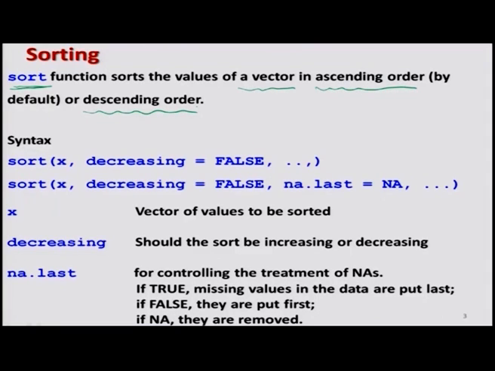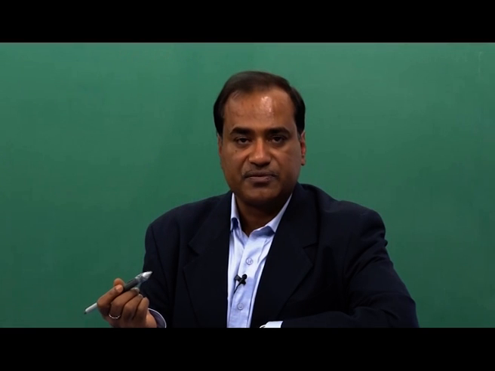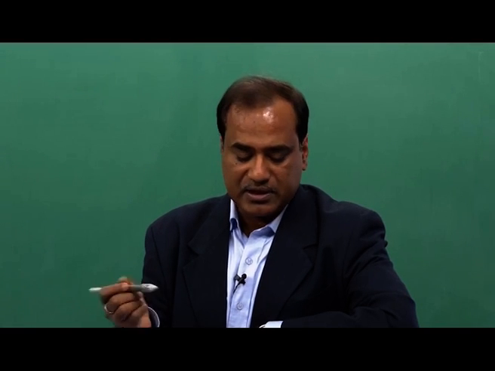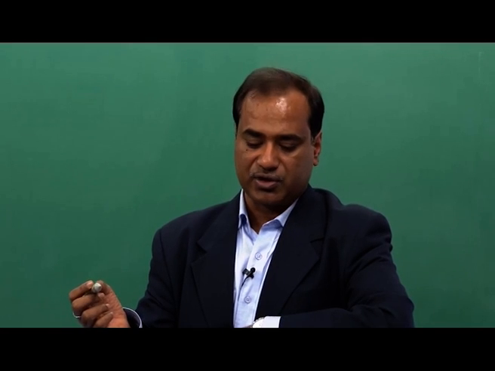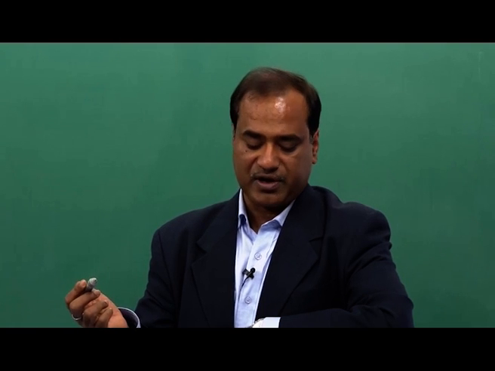When you use the sort function, which is embedded in the base package of R, it takes the ascending order as the default option. So, unless you specify that you want to sort the data in the descending order, the usual option will always be the ascending order.